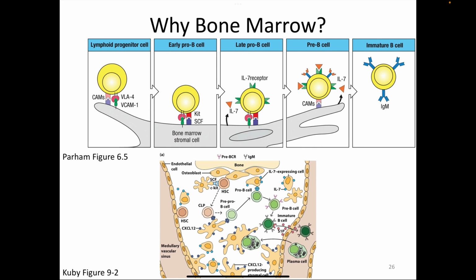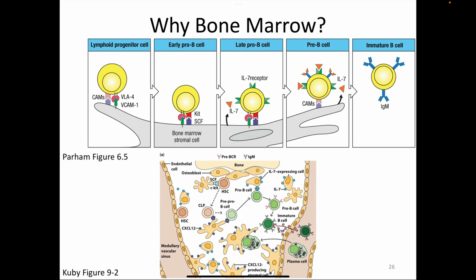And so here you can see all these different shades of green are B cells developing in the bone marrow. And you can see that the location of the bone marrow is actually quite important because that developing B cell is making all sorts of contact with bone marrow cells who are giving it its little pats on the head and keeping it alive. Otherwise, it would try to die.